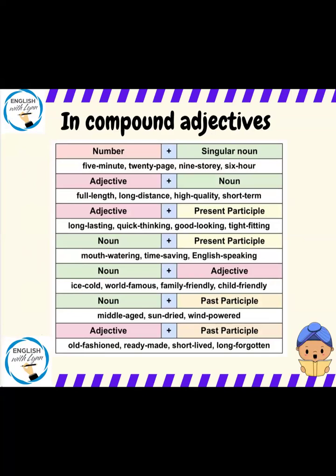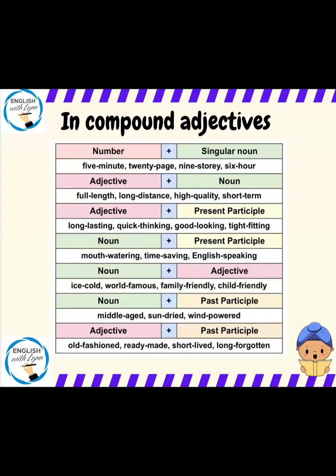So the 20-page book, you've got the number and then the noun. You might have adjectives at the beginning. So it could be an adjective with a noun, like short-term or long-distance, or it may be that you've got the adjective with the present participle, so with an ing word. So good-looking, long-lasting.